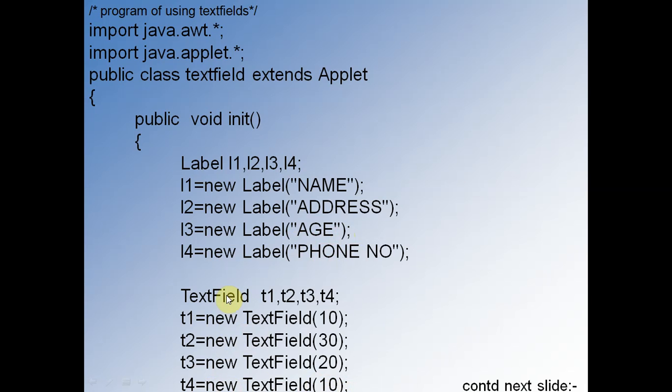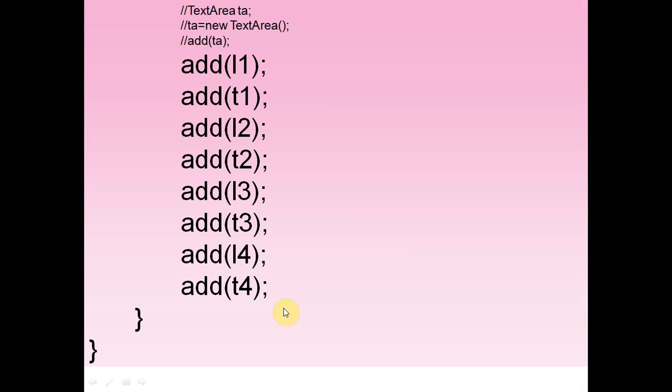Then we will add the pairs of label and text box. So add L1, add T1, add L2, add T2, add L3, add T3, add L4, add T4.